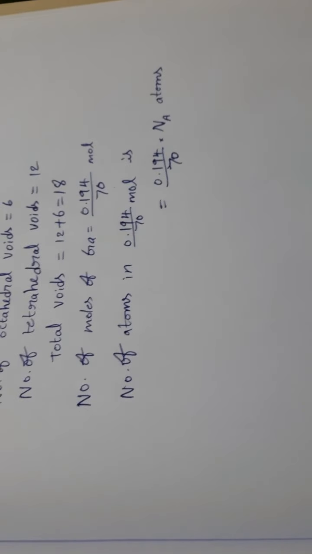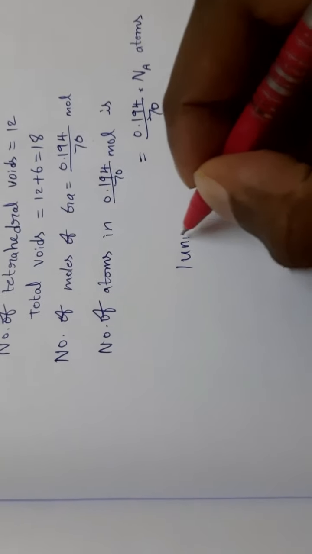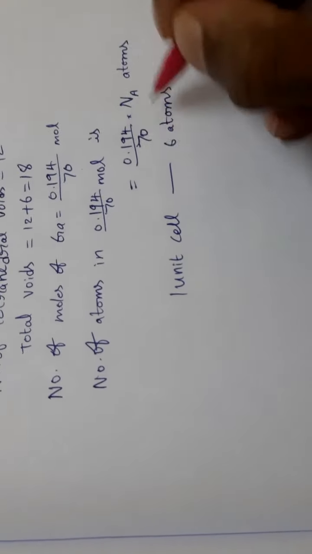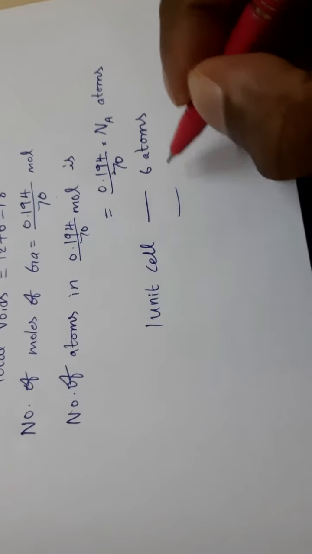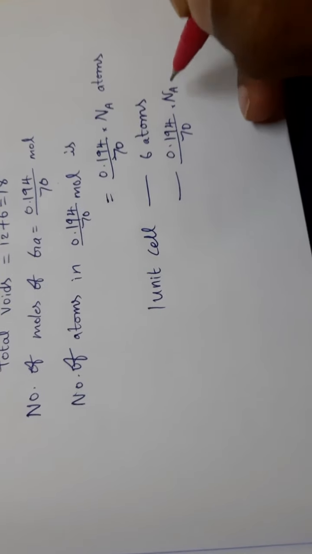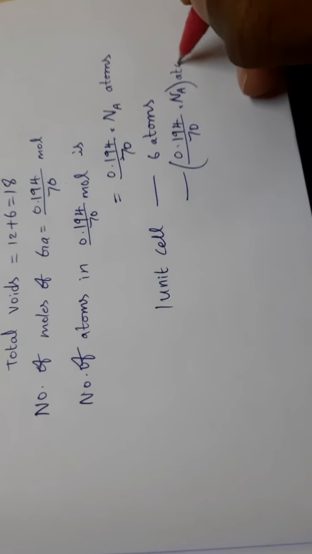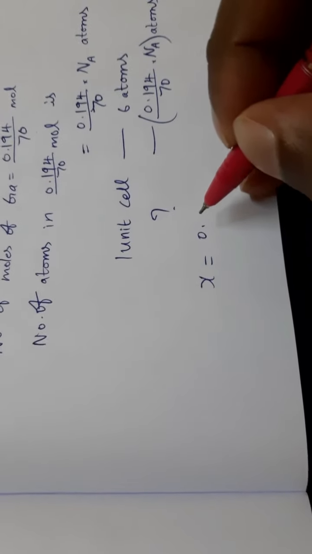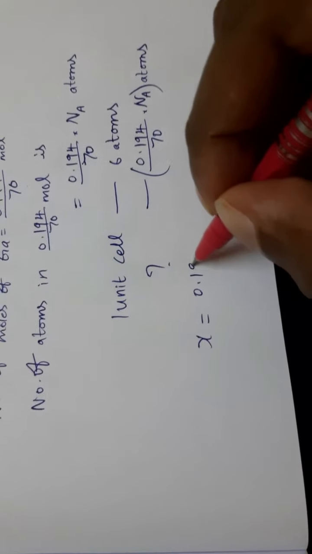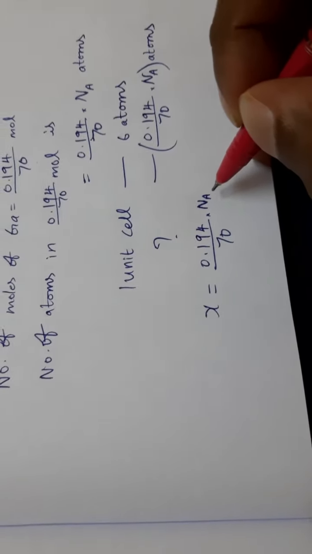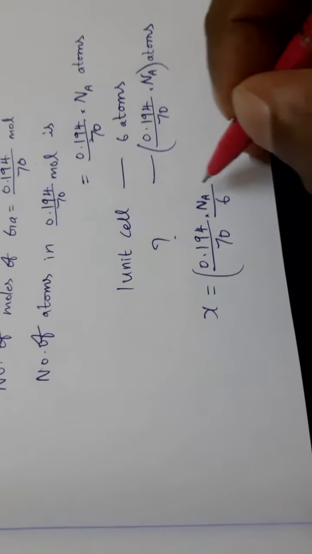Okay students, now 1 unit cell, how many atoms? 6 atoms. These many atoms are present in how many unit cells? That equal to 0.194 by 70 into Na divided by 6.